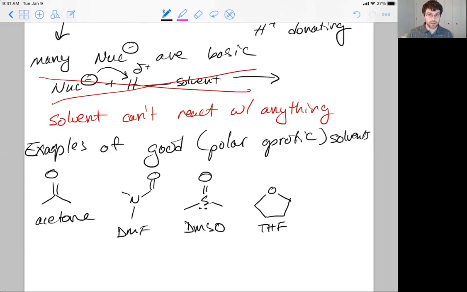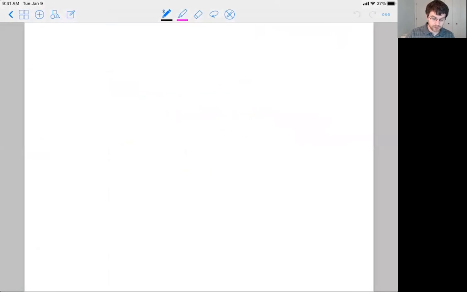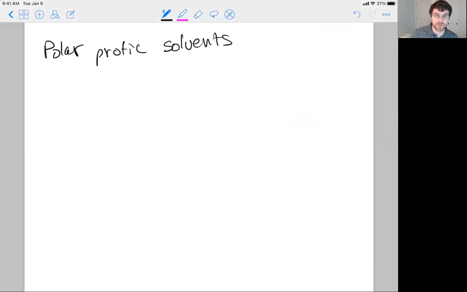So we have polar, that also means that we could have non-polar. We have aprotic, which means we also could have protic. So let's talk about polar protic solvents next. We'll use these for a different class of reactions, not the SN2 reactions.